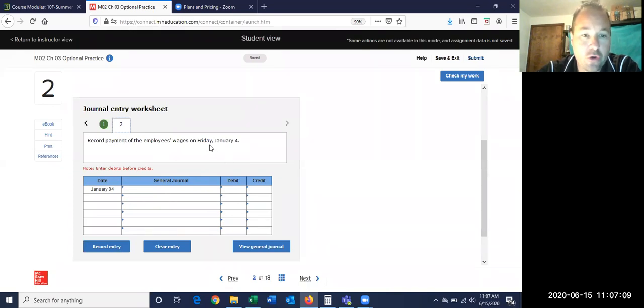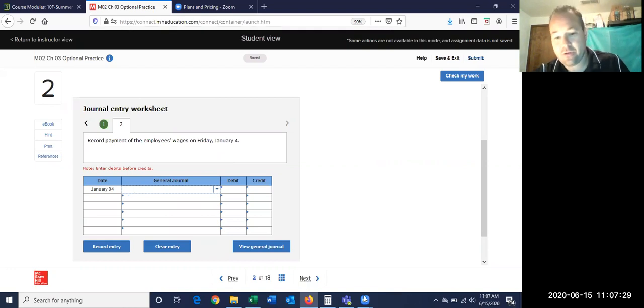And now we need to show what the entry would be on Friday, January 4th. So on Friday, January 4th, we actually pay our employees the full amount for those 4 days that they worked because they didn't work Tuesday, the holiday. They worked Monday, Wednesday, Thursday, Friday.